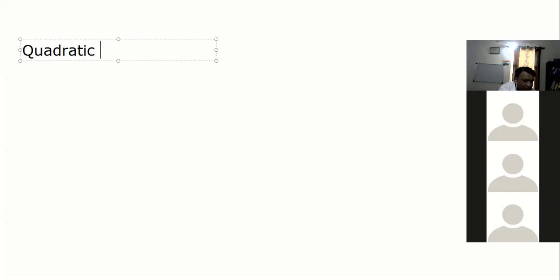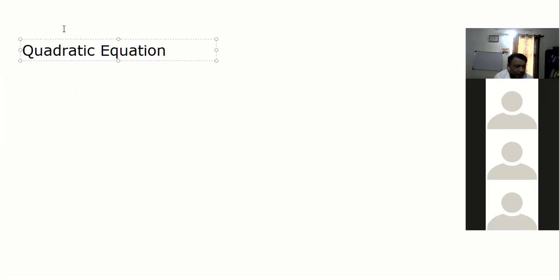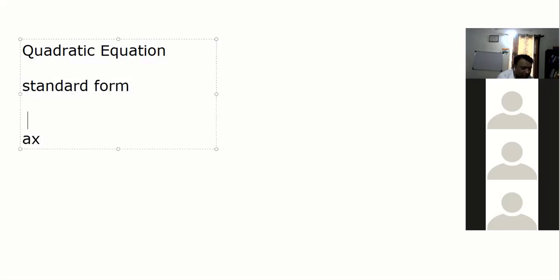You all will be knowing what a quadratic equation is, but still, I want to check. Slesha, what do you mean by a quadratic equation? Quadratic equation means an equation in the form of ax square plus bx plus c equal to 0.